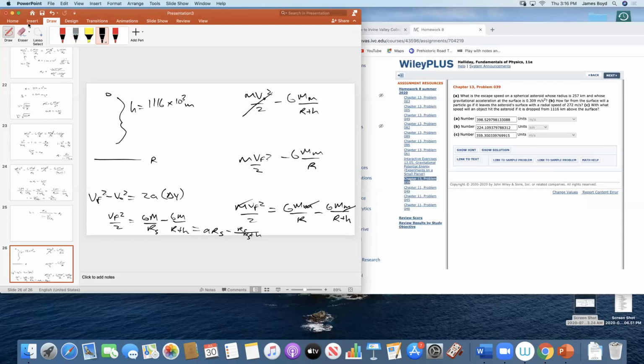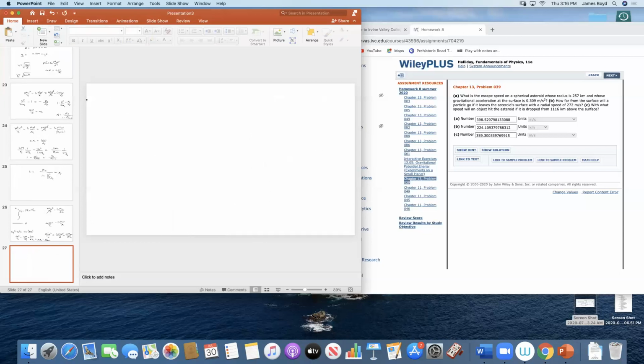And so putting that on a new slide, v final squared over 2 is equal to gm over r the surface minus gm over r the surface plus h. And now I'm using the fact that a times r the surface is gm over r the surface, right? Or actually what I'm doing is I'm going to multiply through by 1 over gm over r to the surface.